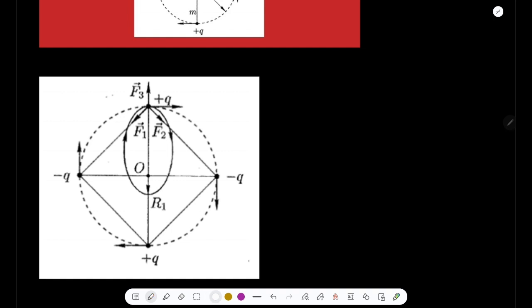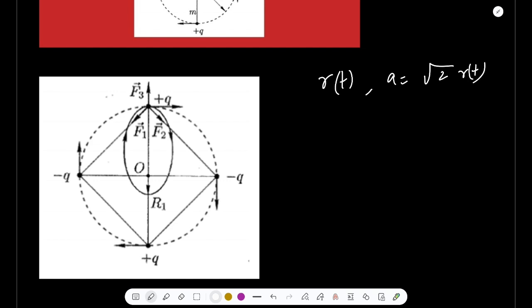Let's say it is R(t), a variable radius, at the vertices of a square, and the square side can be given as root 2 R(t).